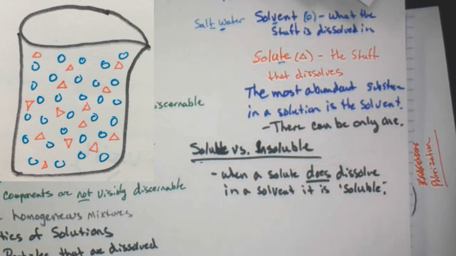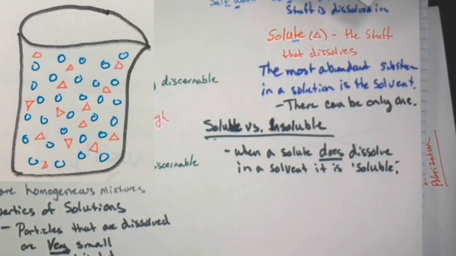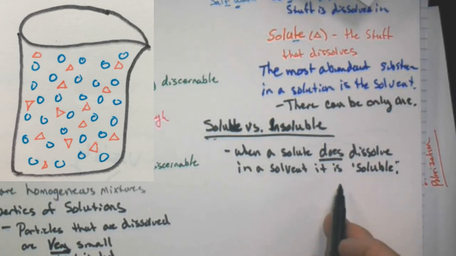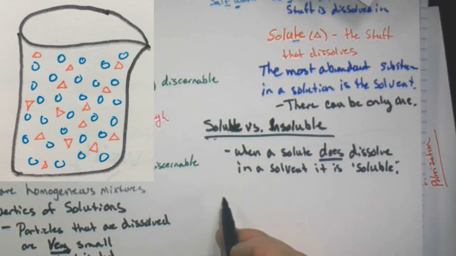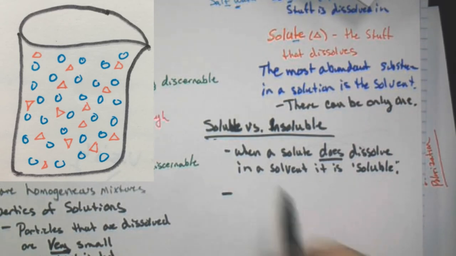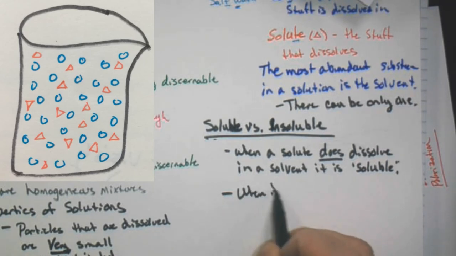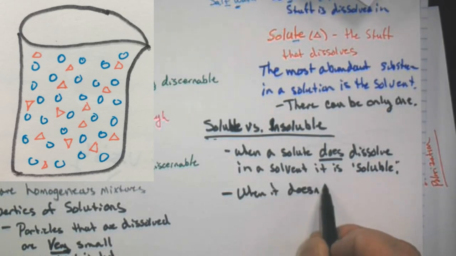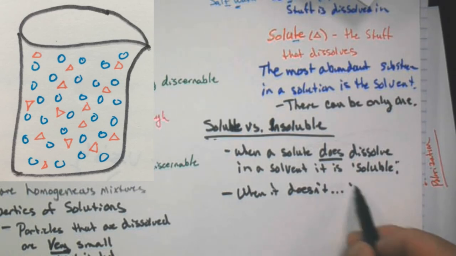When a solute does dissolve in a solvent, it is soluble. When it doesn't, it is insoluble.